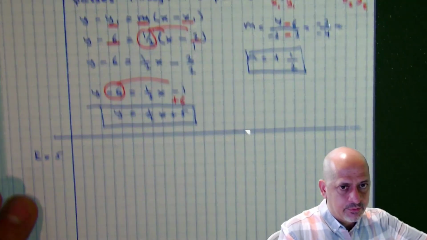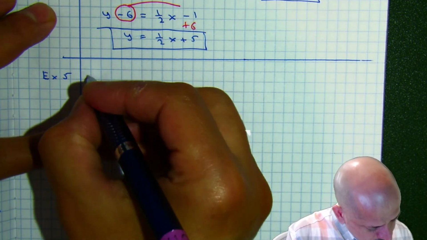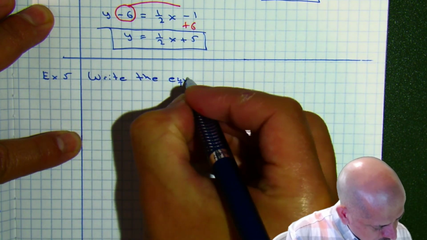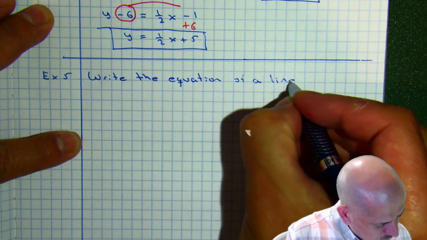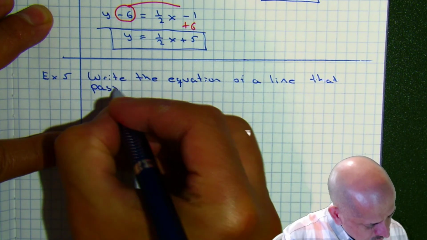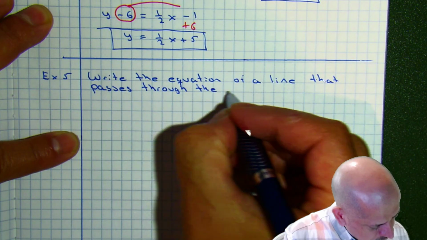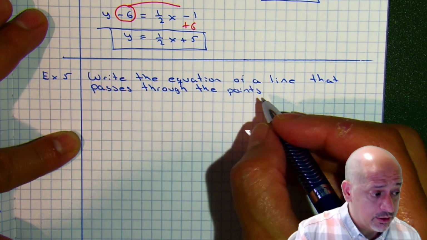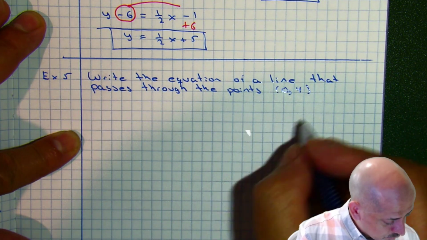And it says, write the equation of the line that passes through the points. The points that they're giving us now are (0, 4) and the other point is (3, -2).